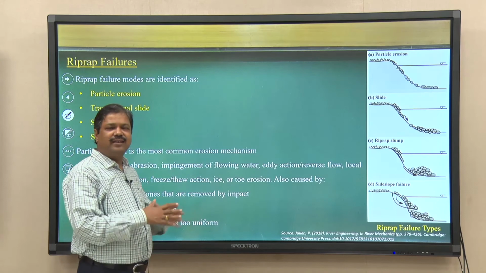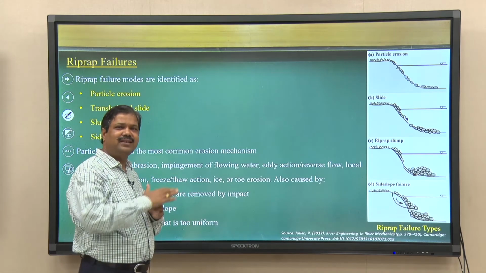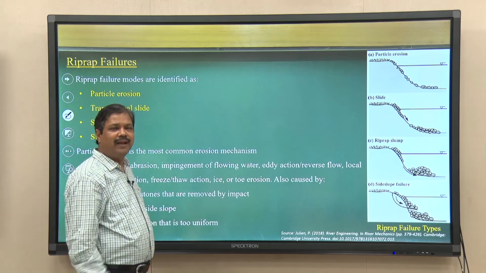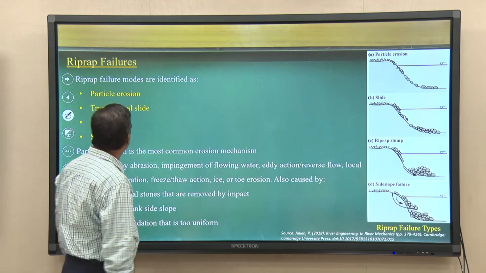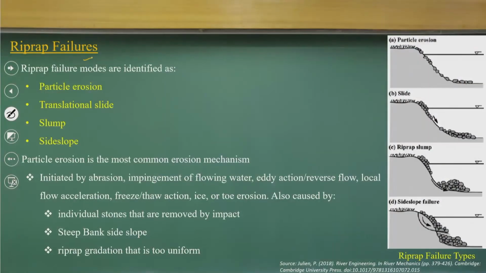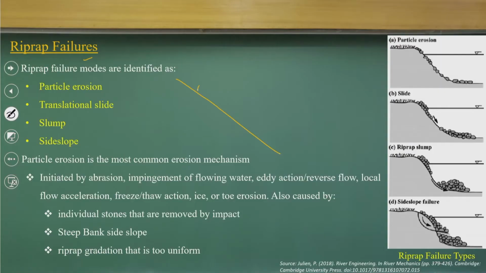As we design the revetment with a filter and base compaction and change the slope of the bank, we also should know what types of failure can happen, what types of riprap failures can happen. Like it can have particle erosion. That means, as you put these stones, it can erode particle by particle, as you see.